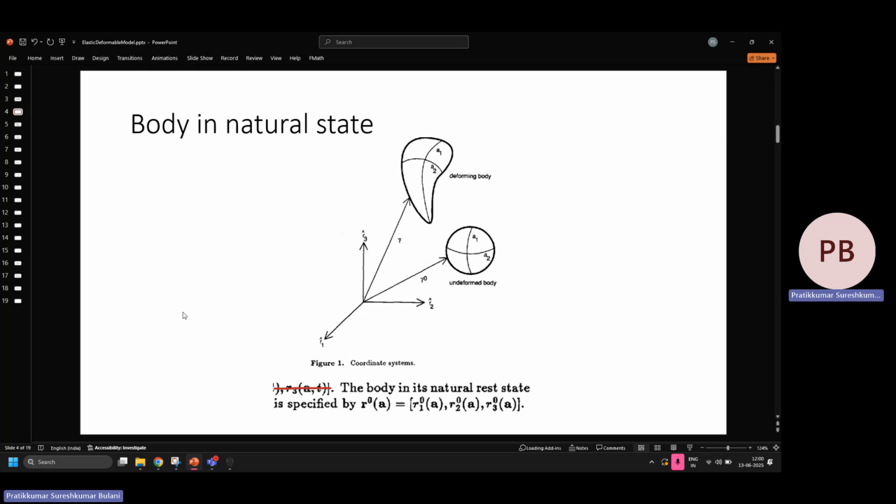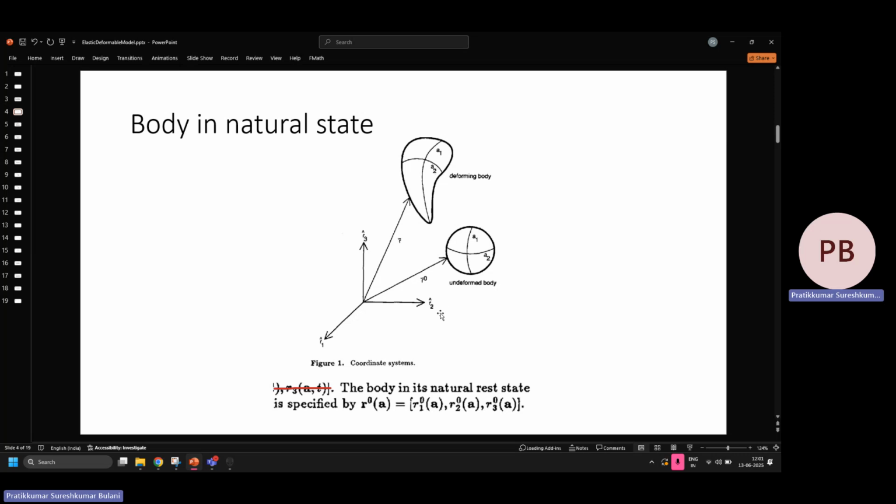Now, the body in its natural rest state. What do I mean by natural rest state? It is the undeformed body. If you see here, there is the undeformed body, the natural rest state of the body. When you deform it, this is how the body looks after deformation.